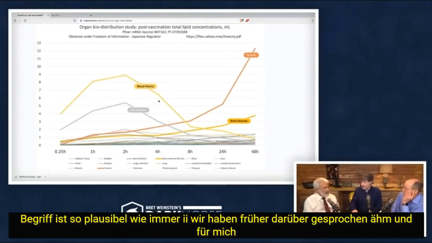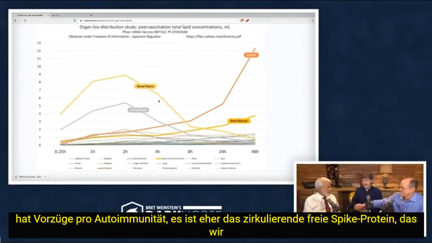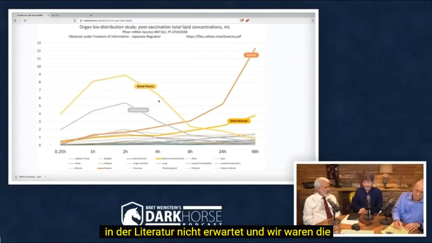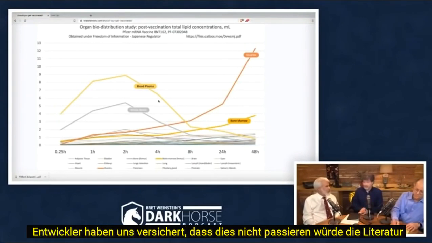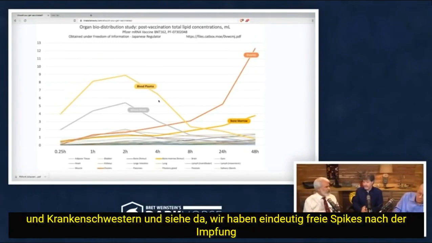We talked about this earlier, and for me, it's less the lipid component, although that certainly has merit for autoimmune. It's more the circulating free spike protein, which we didn't expect in the literature, and the developers assured us this would not happen. The literature suggested we would not have free spike. And then Harvard and Brigham did a study in nurses, and lo and behold, we clearly have free spike after vaccination.